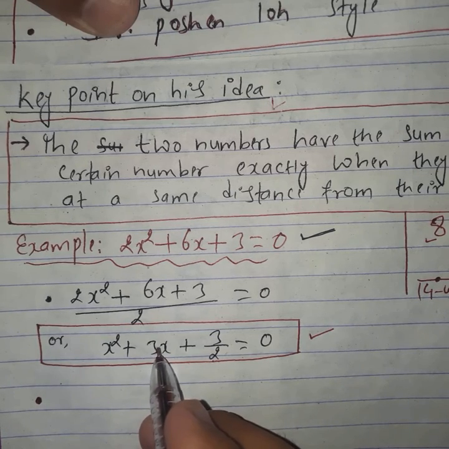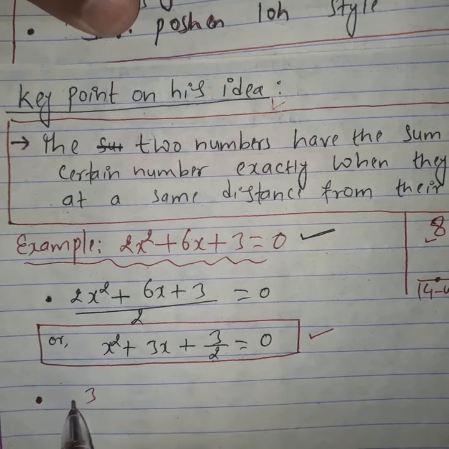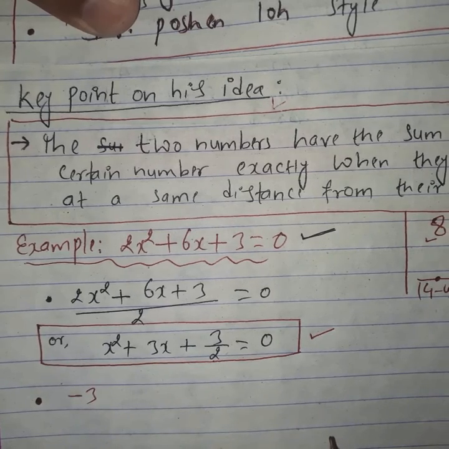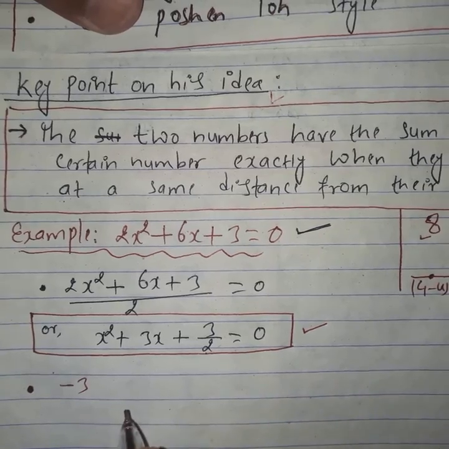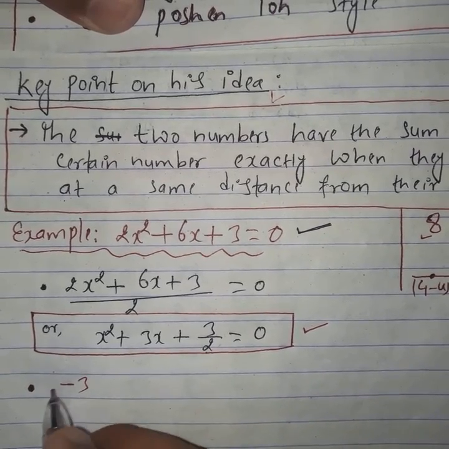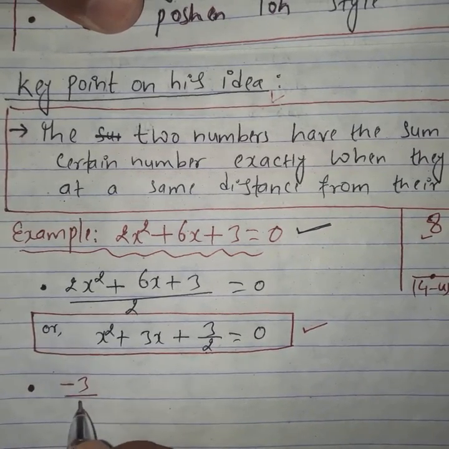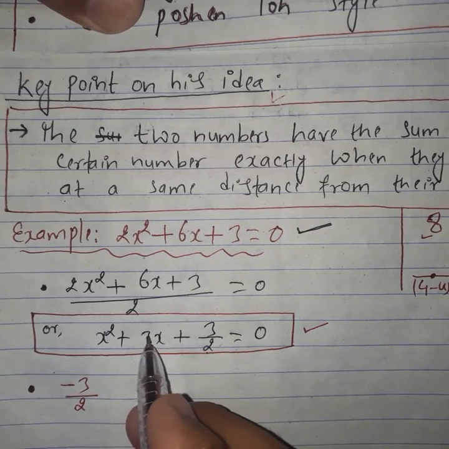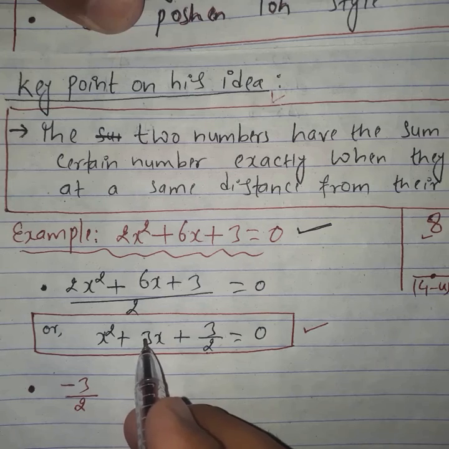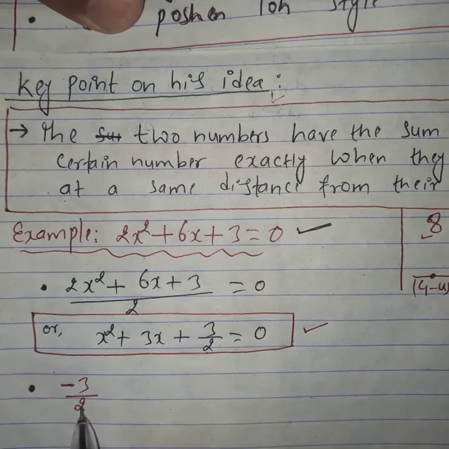Here the coefficient of the middle term is 3, its opposite sign is -3. In the second step, we have to divide it by 2. First, observe the coefficient of the middle term, here 3, its opposite is -3, and we have to divide by 2.